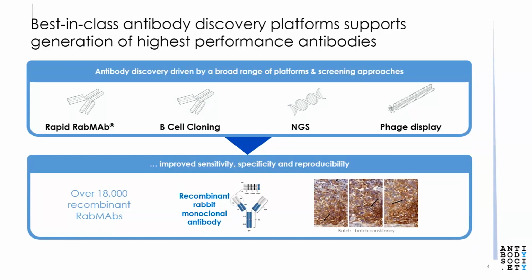And the result of these features is recombinant rabbit monoclonal antibodies that are specific and very sensitive to the target molecule of interest. When compared to other common antibody formats, such as polyclonal and standard hybridoma-produced antibodies, recombinant rabbit monoclonal antibodies have multiple advantages, including improved consistency and reproducibility, as well as the highest affinity and specificity.